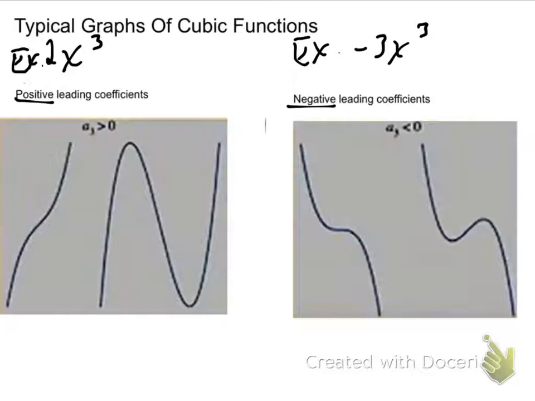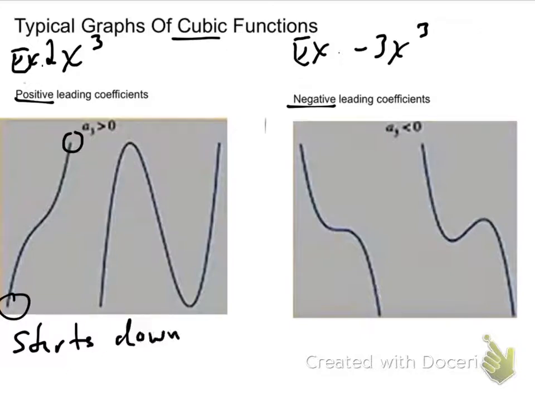Alright? And what I want you to notice is what goes on with the end behavior when our leading coefficient is positive for a cubic function. Notice that when my leading coefficient is positive, the graph starts down and ends up.